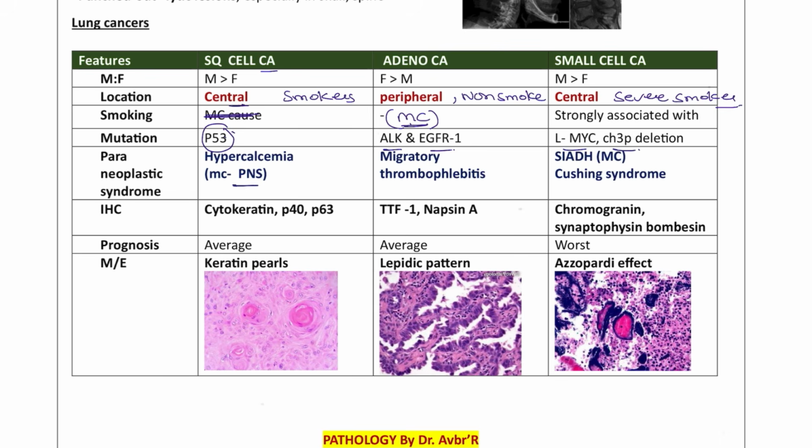The paraneoplastic syndromes: hypercalcemia, migratory thrombophlebitis, SIADH, and Cushing syndrome. And immunohistochemistry is very important. Cytokeratin is positive for squamous cell, TTF and napsin A are for adeno, and more important, chromogranin, synaptophysin and bombesin are for small cell carcinoma.